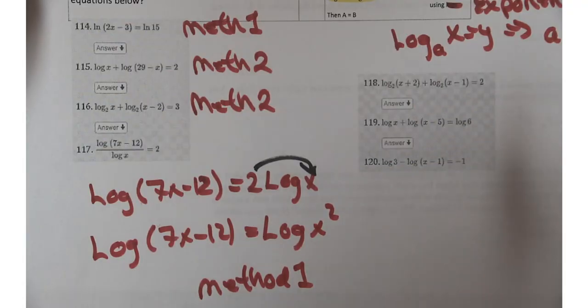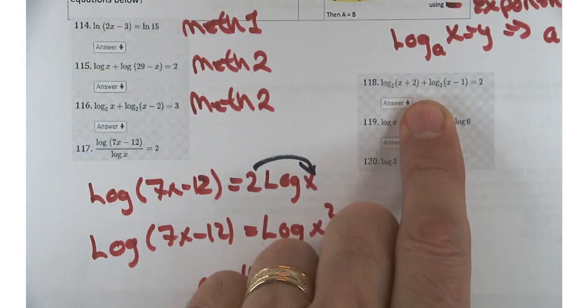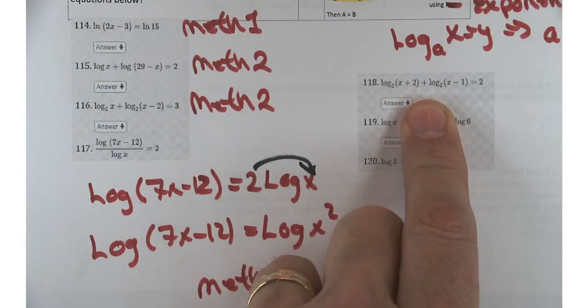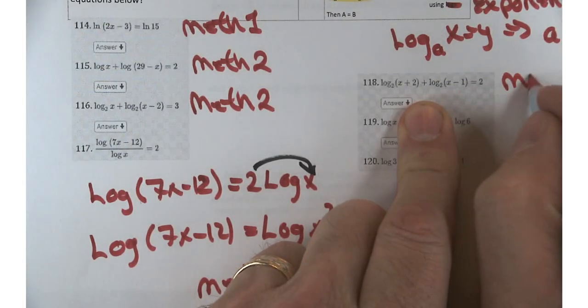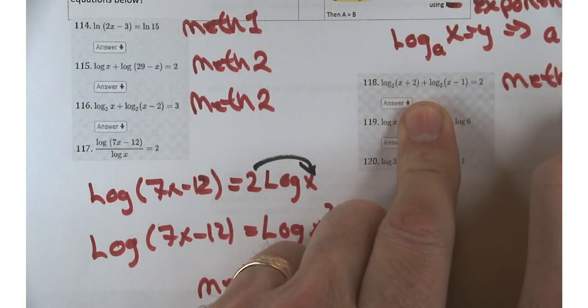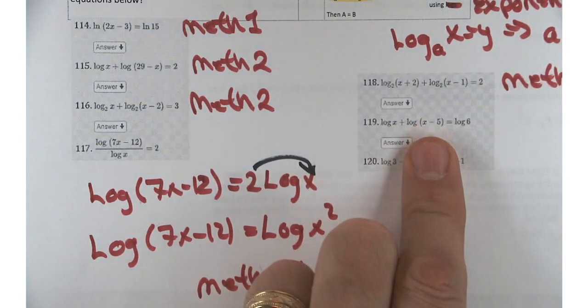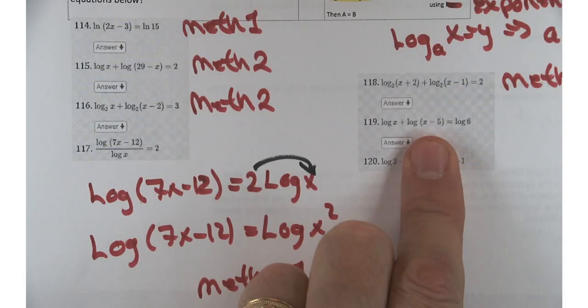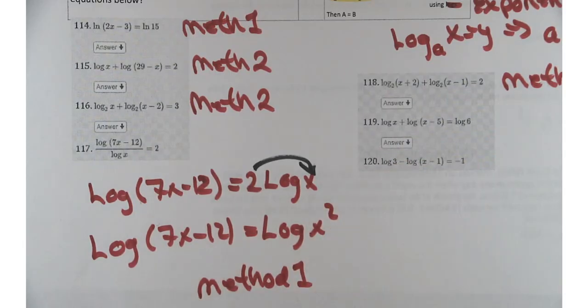How about this one? Method 1 or method 2? Method 2. Method 2. Method 1 or method 2? Method 1. Well, it's not method 1 yet, but we're only one step away from method 1, right?